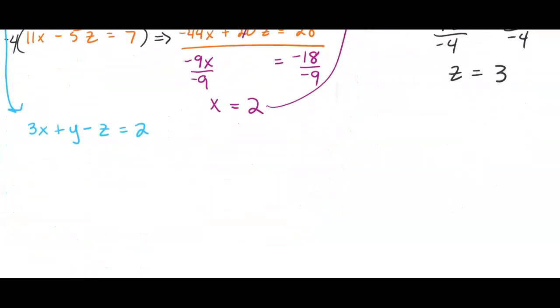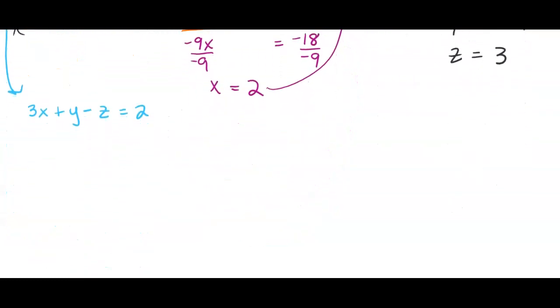Okay, so now I'm going to scroll. Now I can plug in the x and the z values that I know, and I can figure out y. So it's going to be 3 times the purple 2. I mean, there's really no reason for it to be purple.